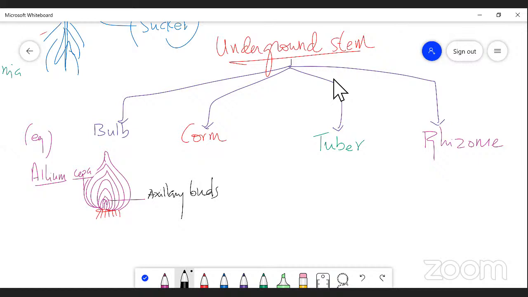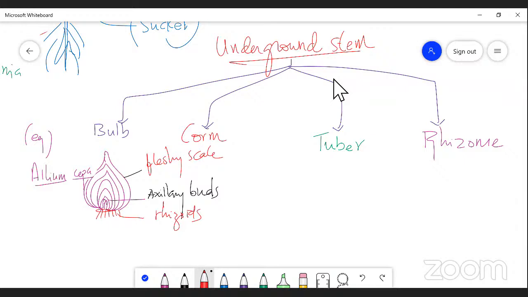These axillary buds develop into a new organism, right? This portion is a fleshy, scaly leaf-like structure, fleshy scaly leaves. Now there is a root system, rhizoids. It also develops, right? This is an example for a bulb.